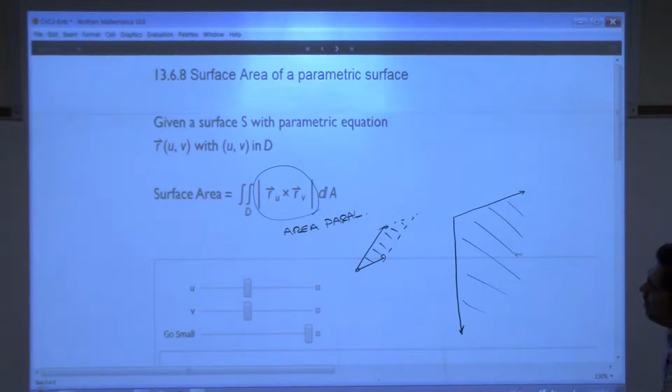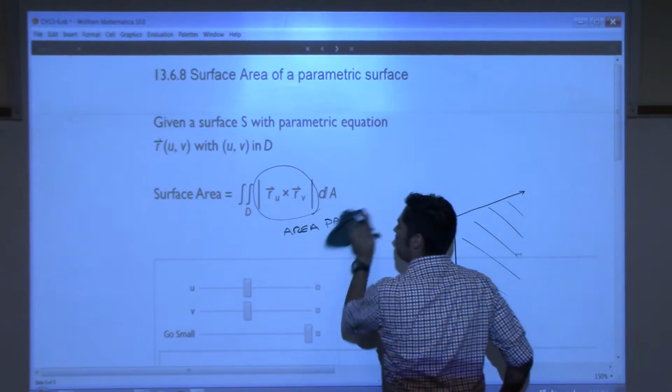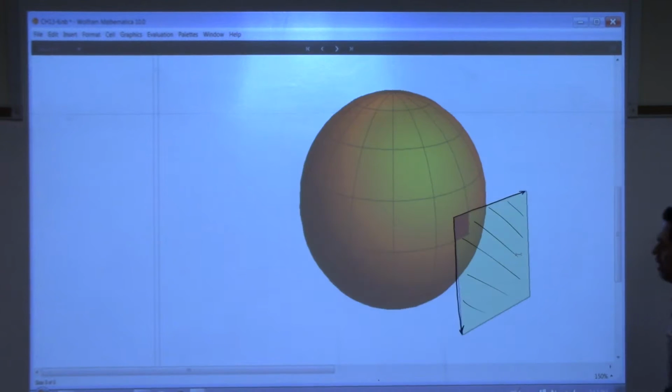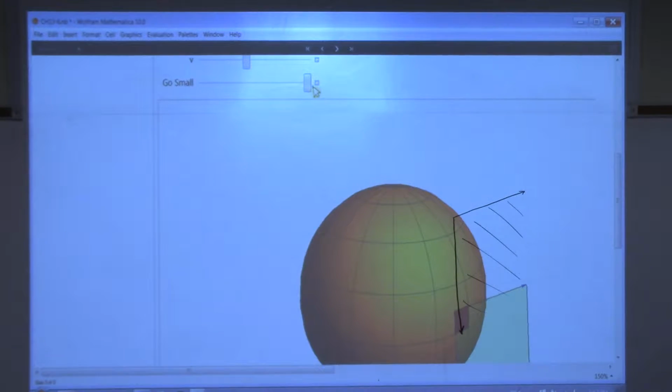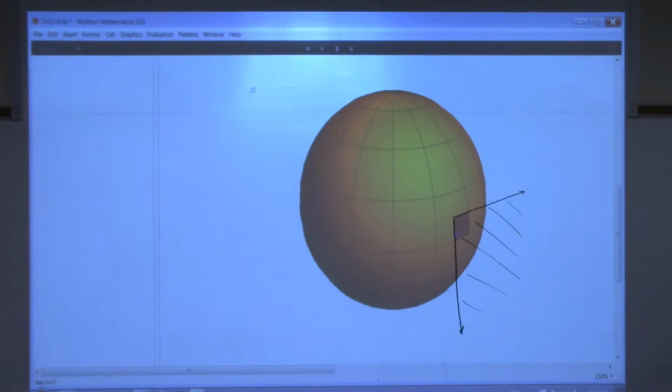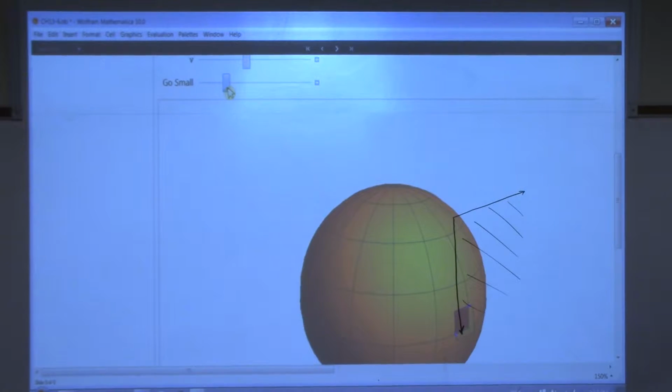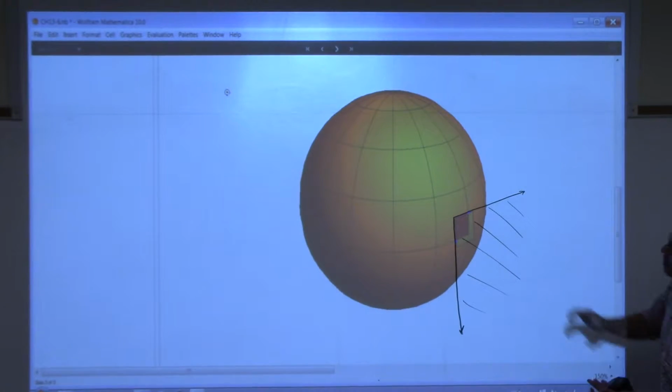So does it make sense to you that in order to find the surface area of this thing, what I should do is somehow scale that, I went a little too small, scale that thing down.